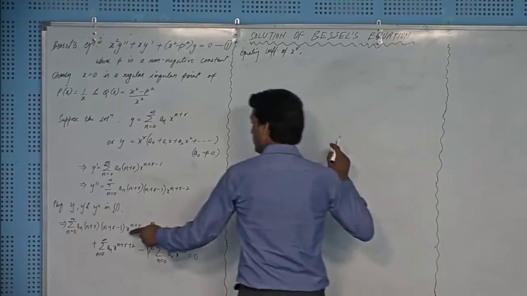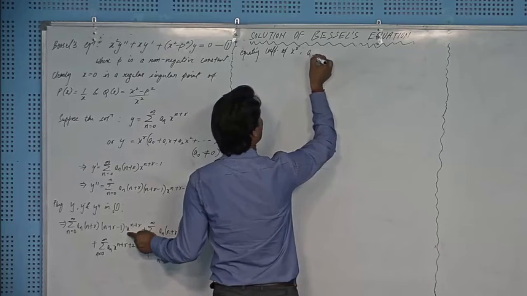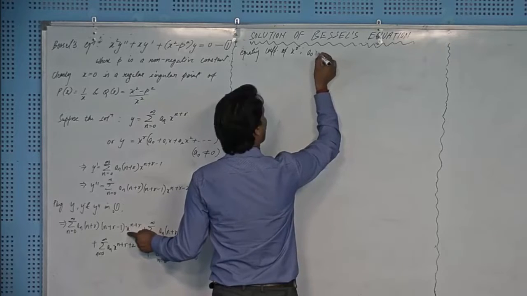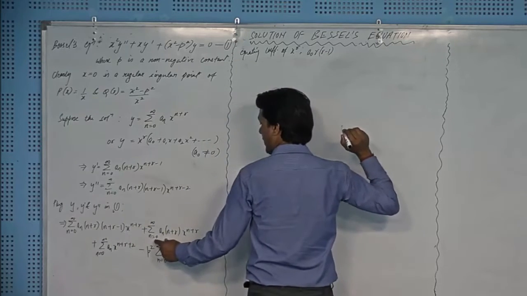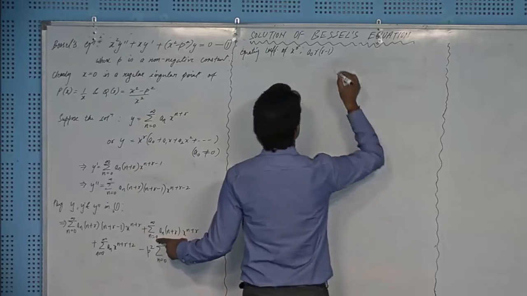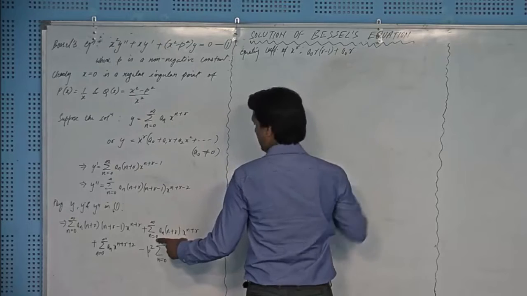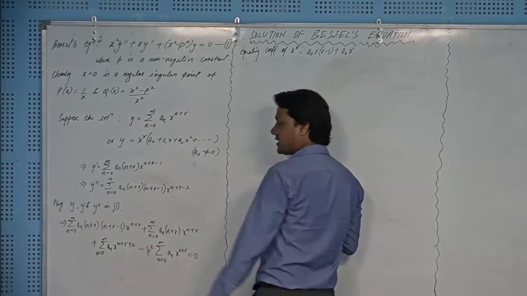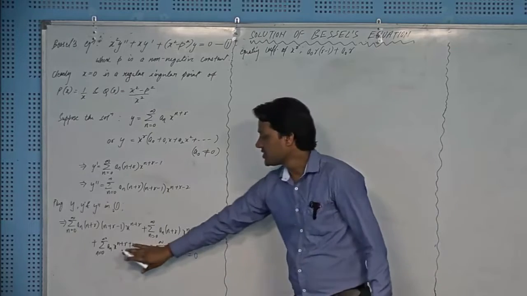So from the first term, on putting n equal to 0, I will get a naught r(r minus 1), right? And from here again, you have to put n equal to 0, so we will get a naught multiplied with r. From the third term, you are not getting anything, since terms like x to the power r are not present in this summation.